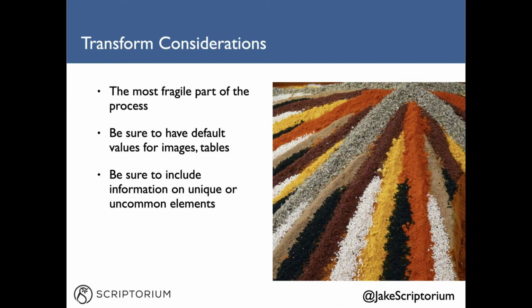Say, for example, you have an image that maybe legacy content doesn't have dimensions on it. If you don't have the dimensions in place, it won't actually appear, but the transform will be able to say, okay, this image doesn't have any size information, but this is the most common image size, so we can actually slot that in there. And that'll let your content come out, and you can make adjustments later to bring that content in line with everything else.